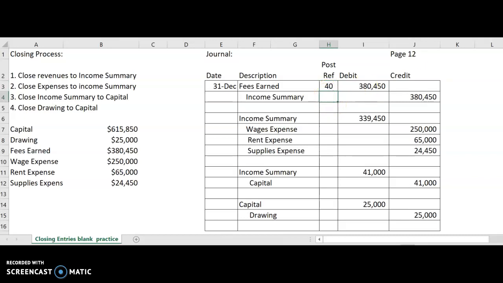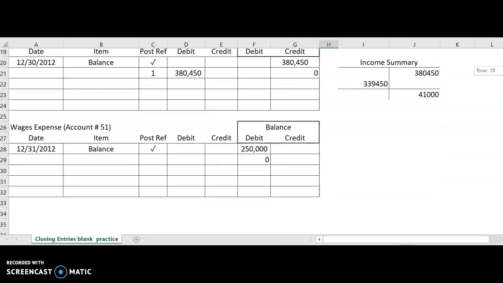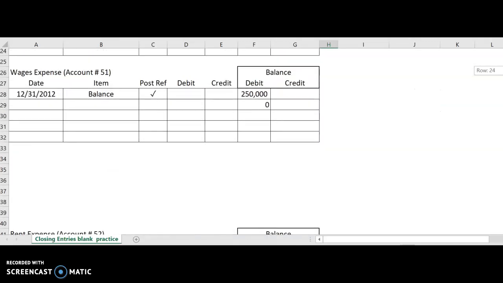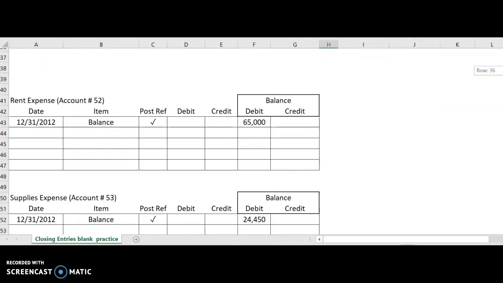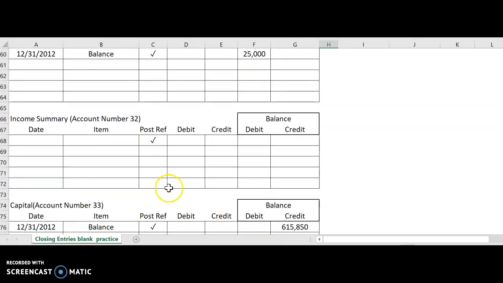So now I will do income summary. Income summary, if I can find it. It's down here. So it was the first entry, and it was for a credit of $380,450.